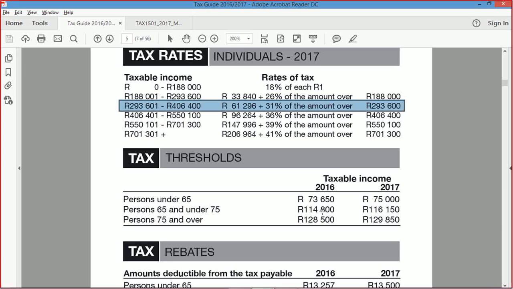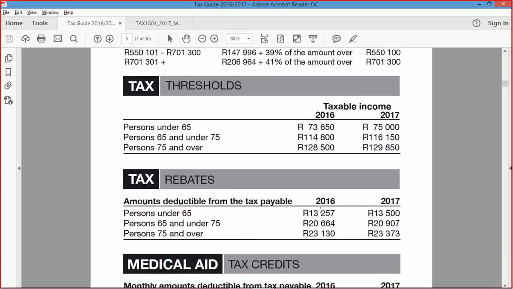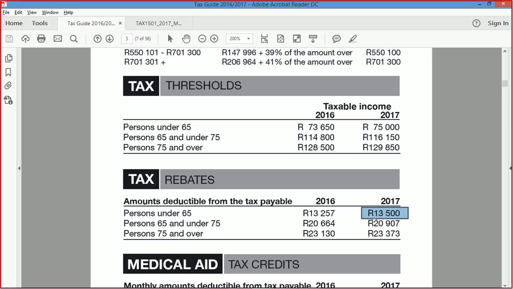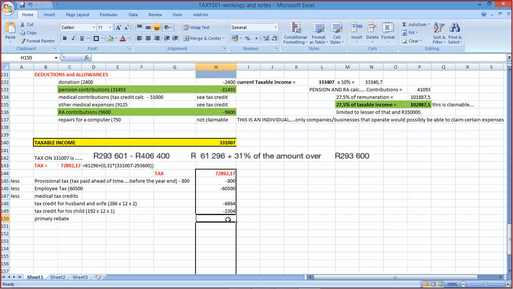Okay, persons under age 65, rebates of 13,500. Yeah. See that? So Shane, you see that, eh? Yeah. Okay, 13,500. Right, so now we've got the rebate, we've done the medical, we've done the tax credit. Was anything else?